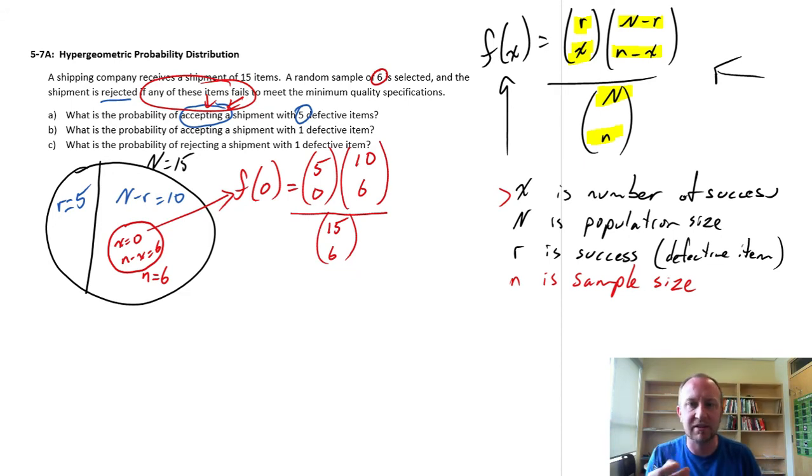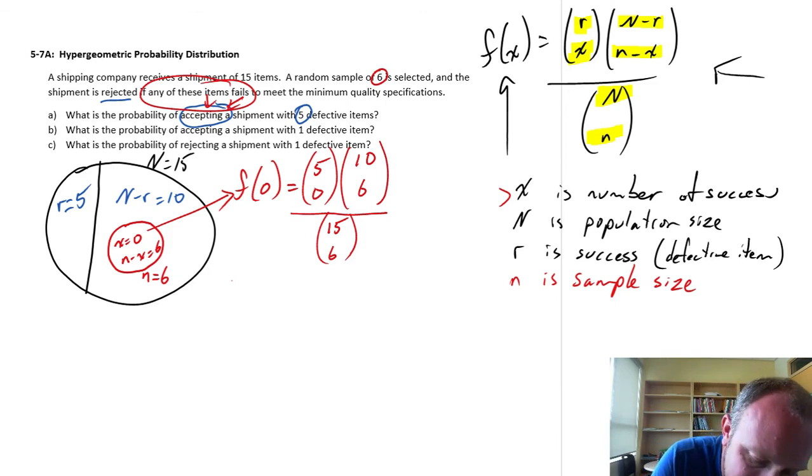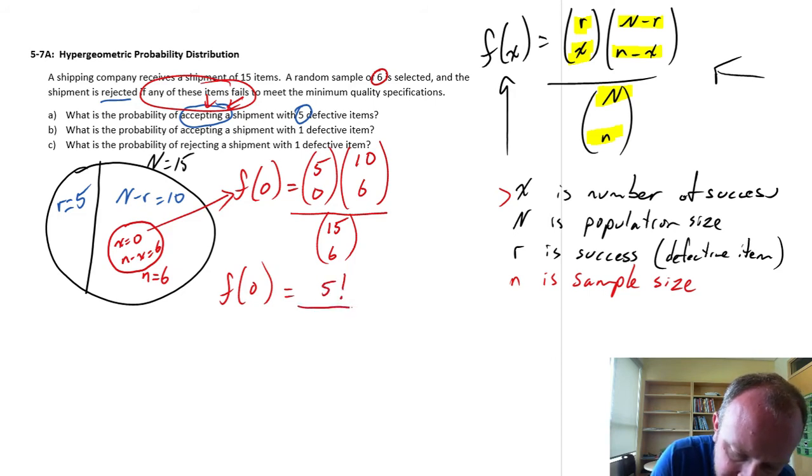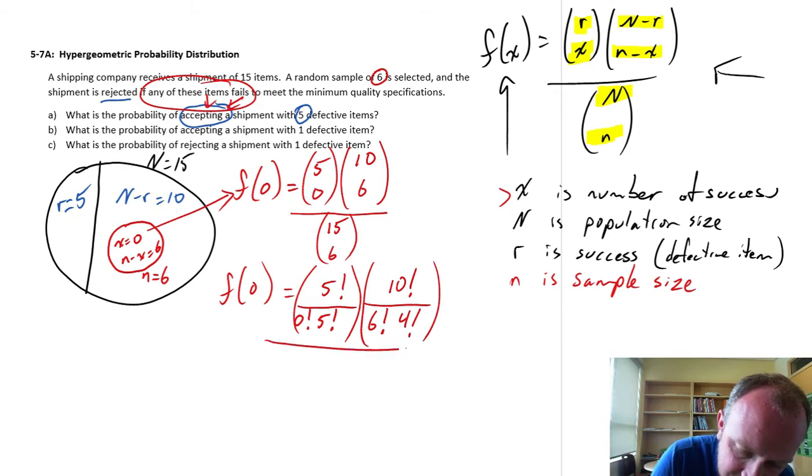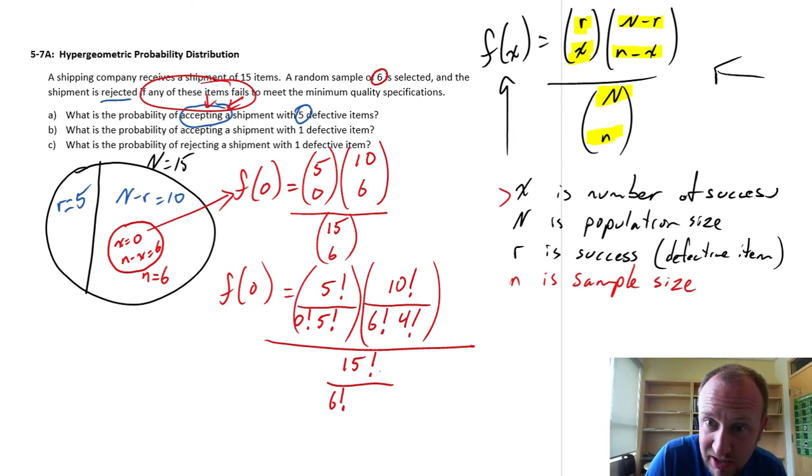Now, of course, you know that this notation is shorthand for calculating these combinations. So this becomes f of 0, this is 5 factorial divided by 0 factorial times 5 factorial, times 10 factorial divided by 6 factorial times 4 factorial, divided by 15 factorial divided by 6 factorial and 15 minus 6 is 9 factorial.